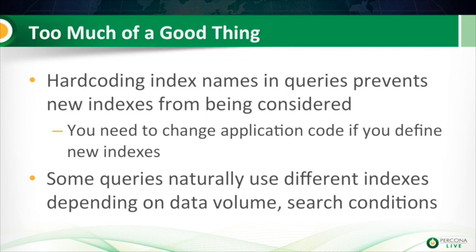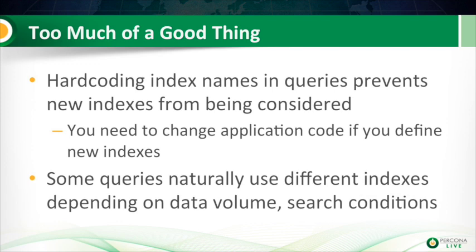The disadvantages of using index hints are that you end up hard-coding your index names. You say USE INDEX or FORCE INDEX, and then you name the index that you want the query to use. But this means that now your application code where your queries are written contains hard-coded index references.